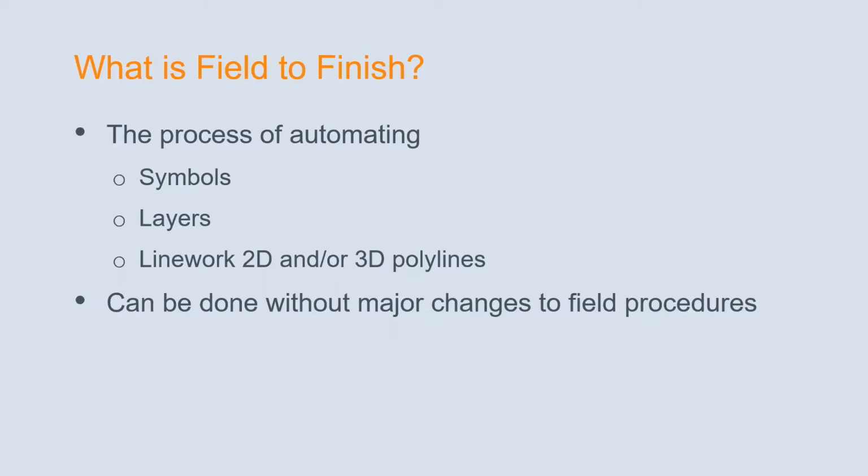So rather than having one symbol for all your trees, if you're doing a tree survey and have been asked to show the actual drip line or diameter of the trunk of the tree, you can have the symbol resized properly for that. We can do things like managing and displaying measure down information for manholes and things like that. Lots of different things.